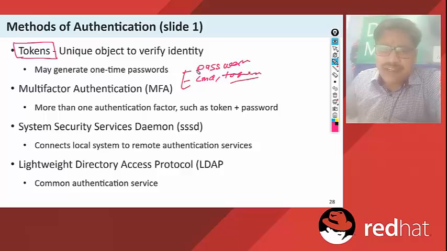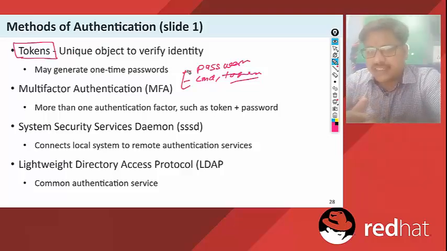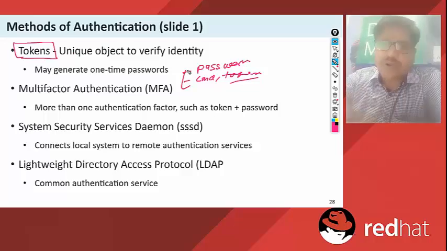So when there are multiple factors, you first provide one factor as authentication, and again you provide the next authentication method to prove your identification. So it is called multi-factor authentication.